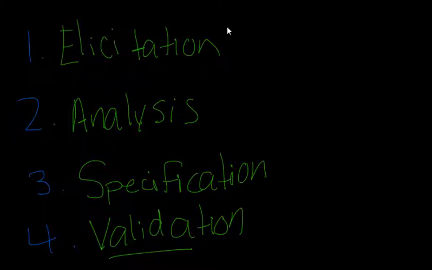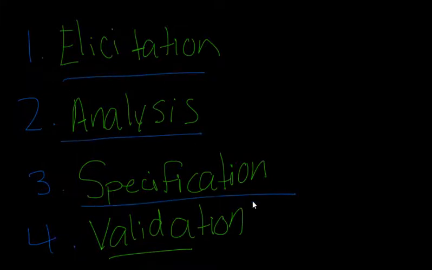And in future lectures, we'll talk about what each of these 4 components of requirements engineering specifically entail, including the different ways you can elicit, and all the things that should go into a requirements documentation, etc.